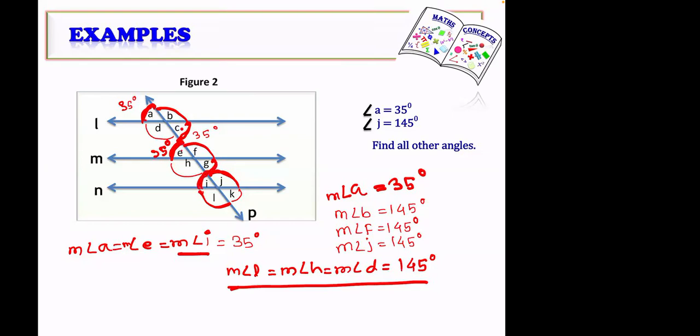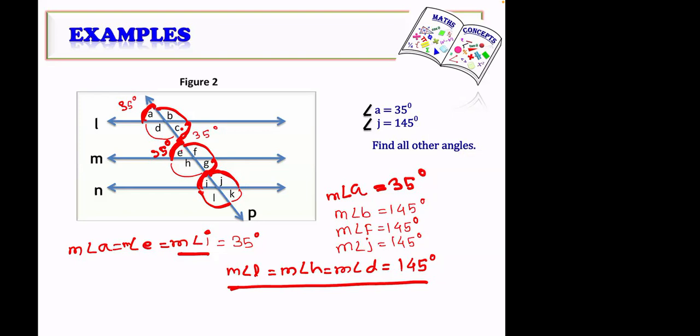And two more, they have the same measure also. Yes, they have the same measure. So alternate angles would always be equal. Interior alternate angles will always be equal if lines are parallel. The condition of parallel lines is very important for angles to be equal.